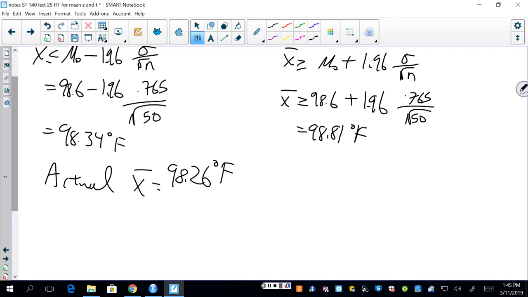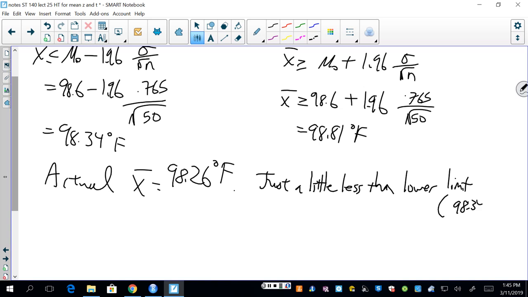So it's just a little bit less, right, than that lower limit. So just a little less than the lower limit, which was 98.34 degrees Fahrenheit.